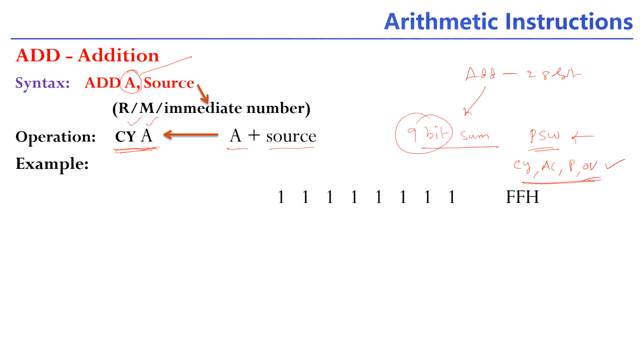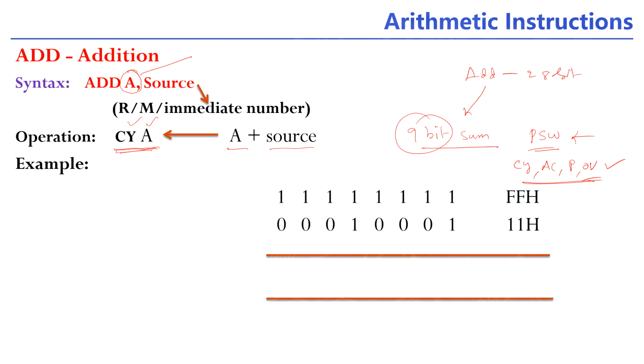Let us see one example here. Let us consider A register is having FFH, and the source B register is having 11H. Then you can see we are getting the result in accumulator, an 8-bit result.